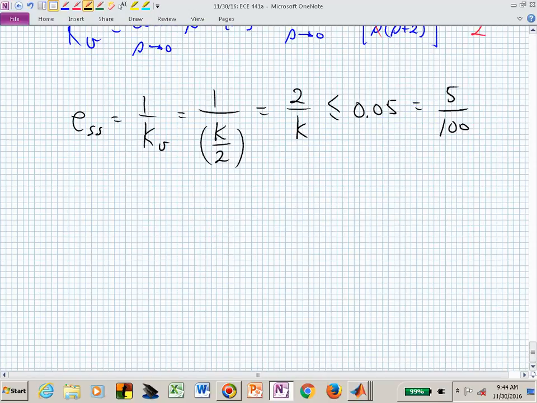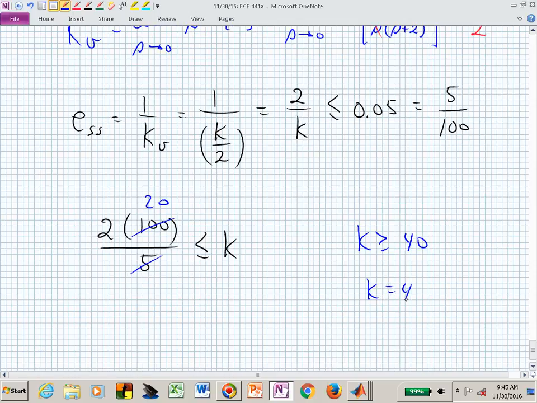So that now we can find that if we solve that for k, we have 2 times 100 divided by 5, or K needs to be bigger than or equal to 40, let's just make it equal 40.